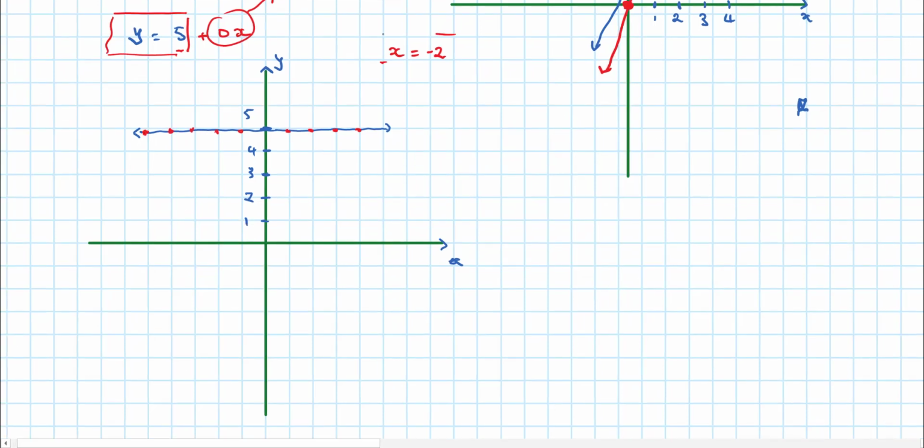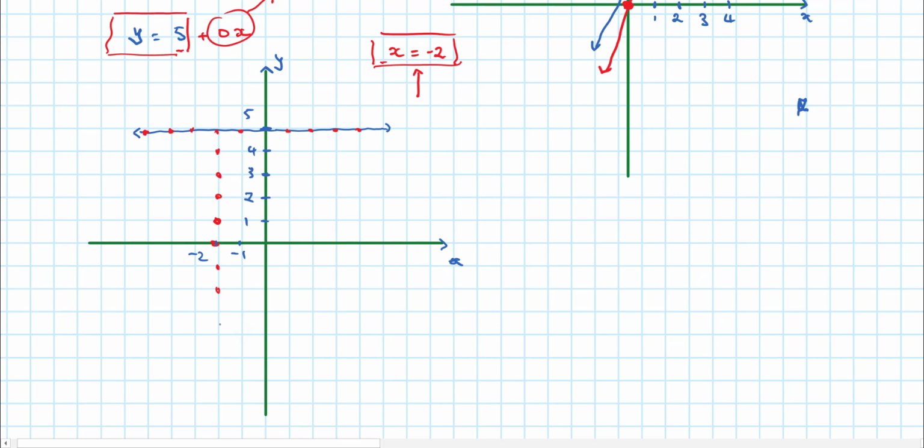For this equation, the x values are always -2, irrelevant of what y values we're working with. So if I go to -2, that means any point, as long as its x value is -2, is acceptable.